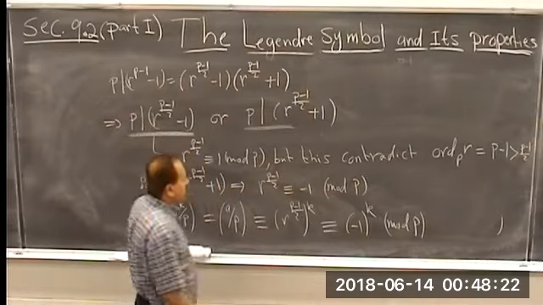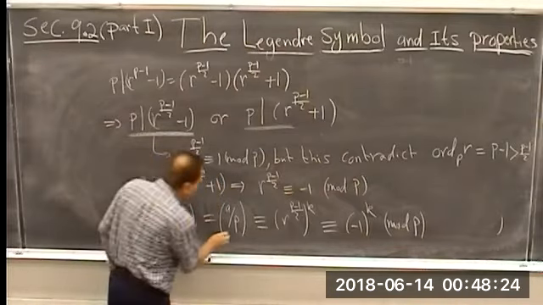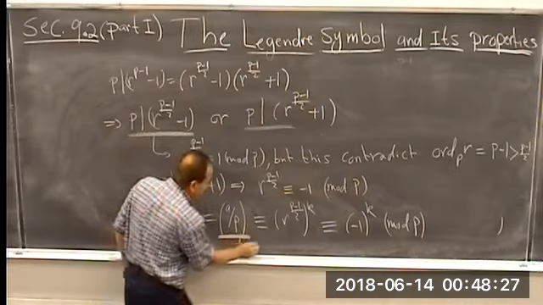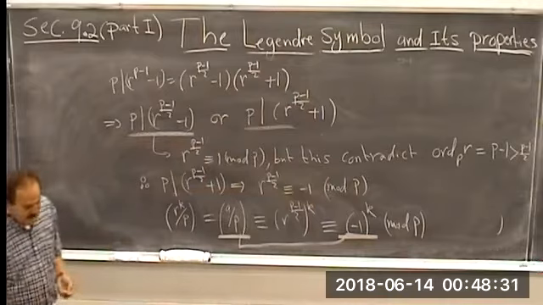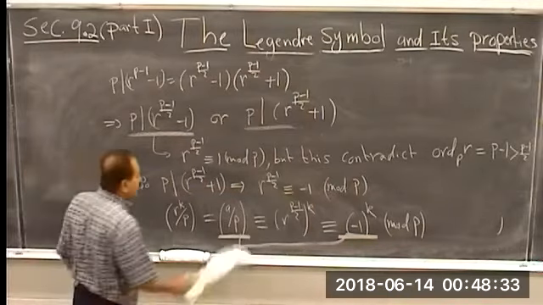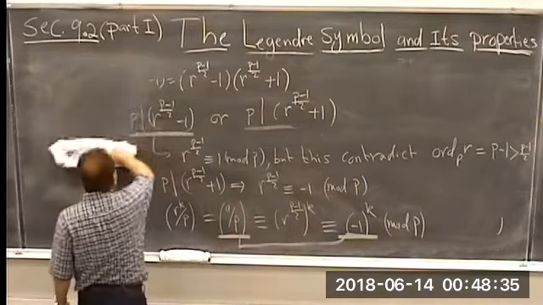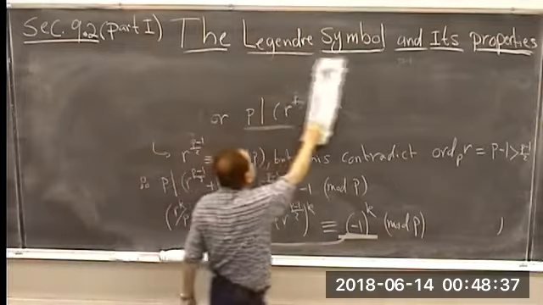But let's look at the two sides of this congruence. Each one of these is going to be equal to plus or minus 1. So we have a congruence relation here, and we're going to turn it into equality.